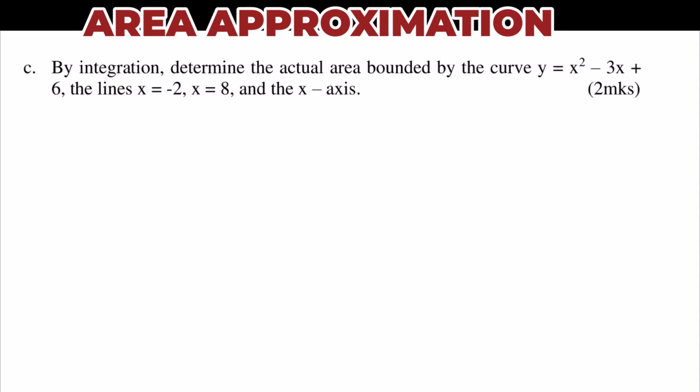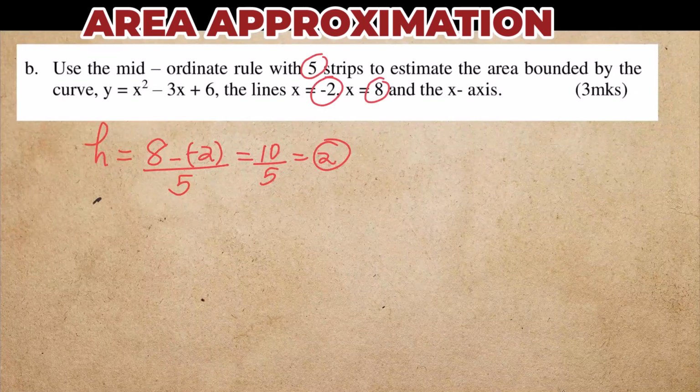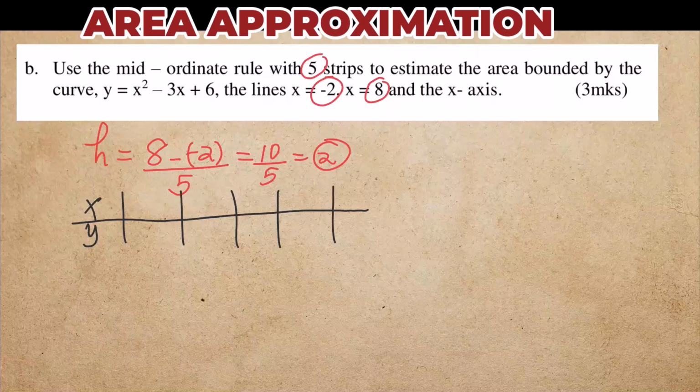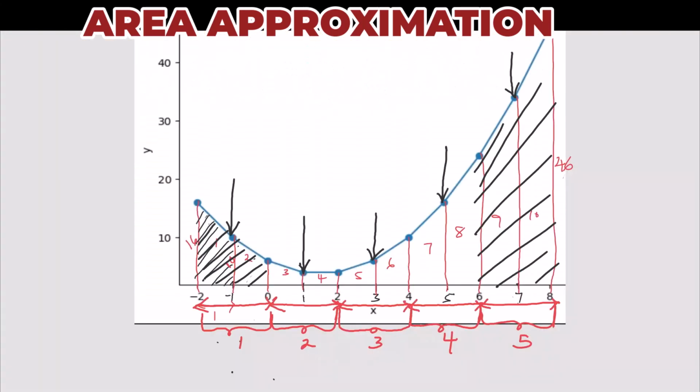So we shall have the heights as follows. So x, y. So this is what you're going to have. So the first one, x is, this one I've pointed using an arrow, -1. So the other one is 1.